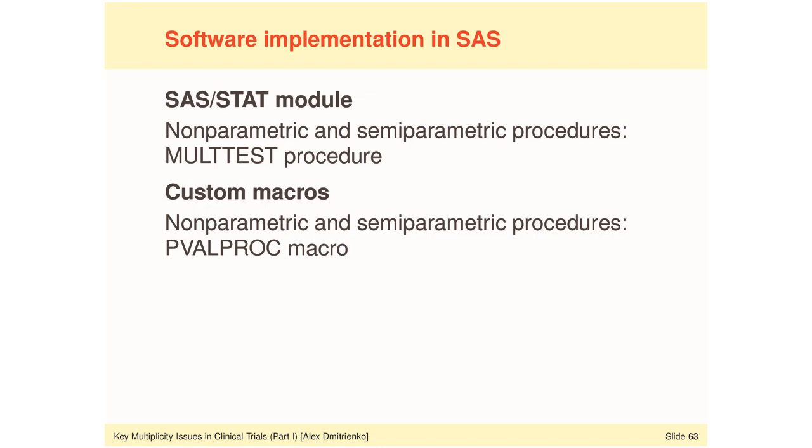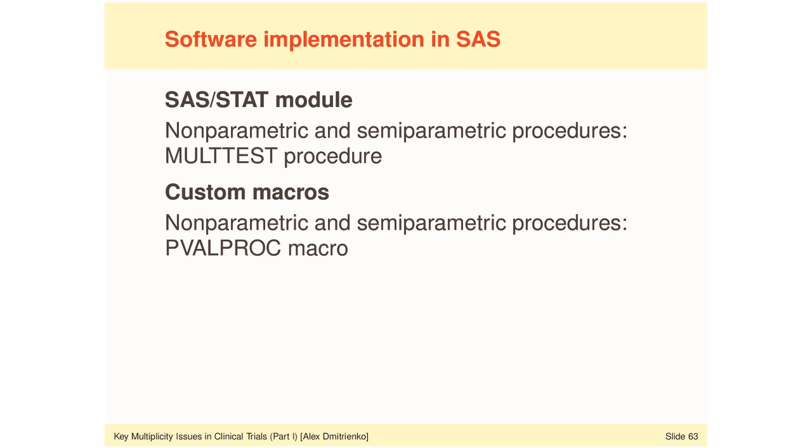We briefly touched upon resampling-based procedures in Module B, mainly to point out that they are not used in confirmatory phase 3 clinical trials due to the fact that they provide approximate error rate control.